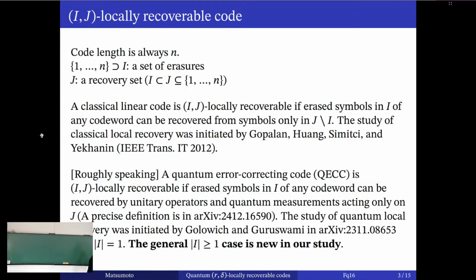The study of quantum local recovery was initiated by Golowich and Guruswami two years ago, with the special case of one erasure. Here, we consider the general case of multiple erasures, which is new in our study.